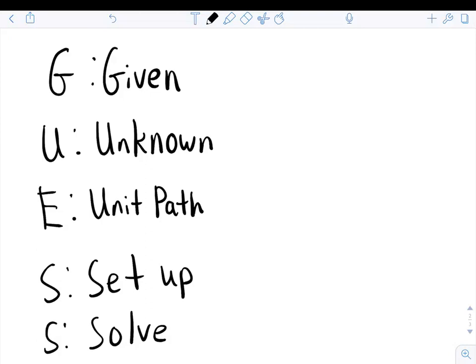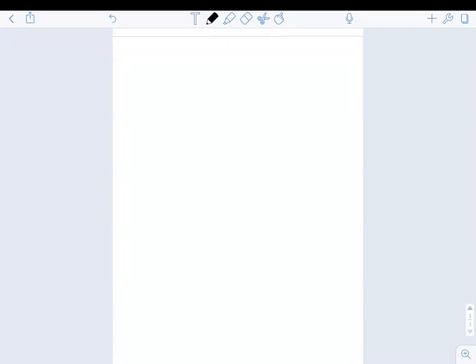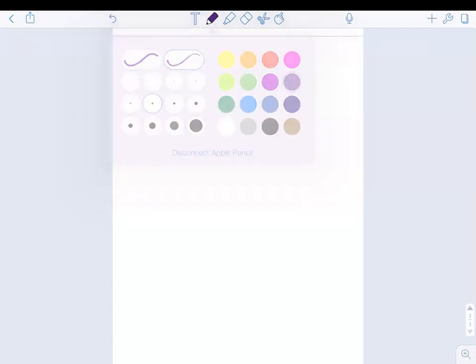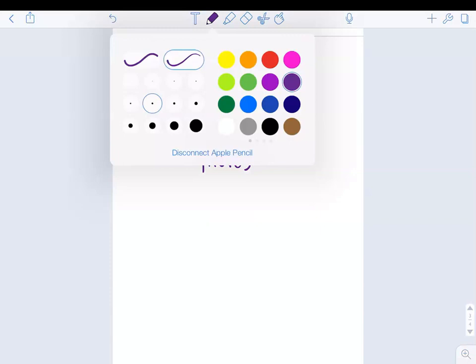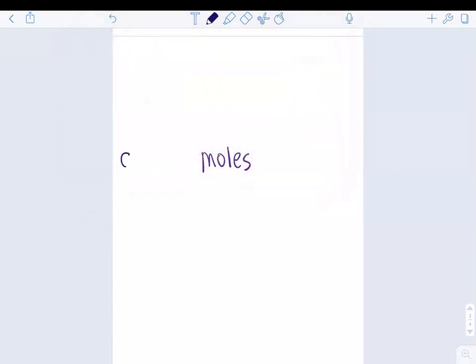Other thing now is we're going to make a chart, and this chart needs to be on its own separate sheet of paper because we are going to be referring to this a lot over the next little bit, and it is very important that you are able to keep up with it as well. So, in the middle of our chart, we're going to have moles. Then on the sides, we're going to have grams, which let me do a brighter color blue.